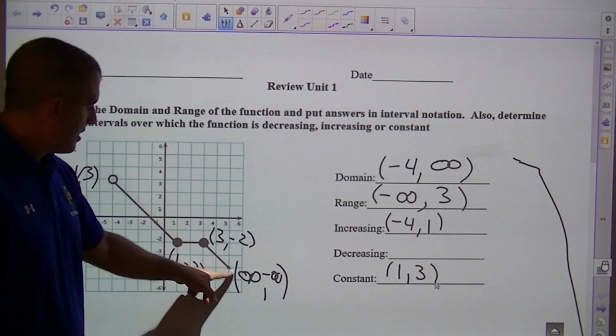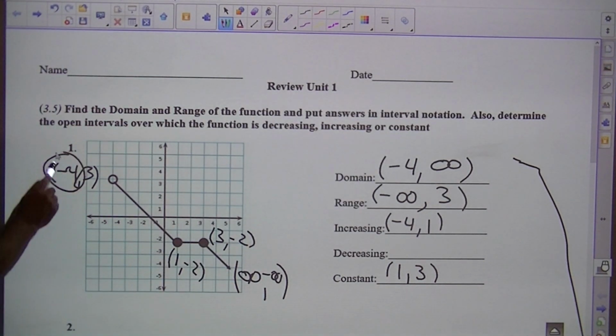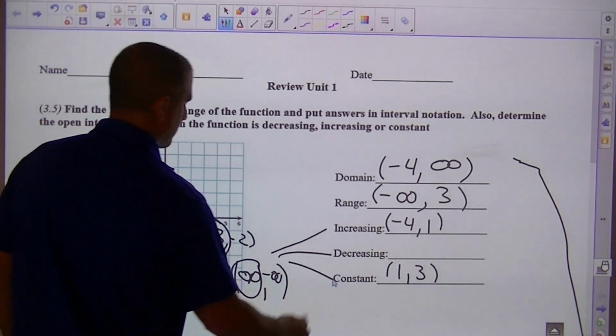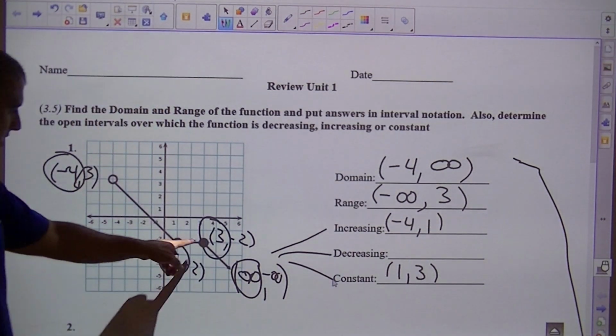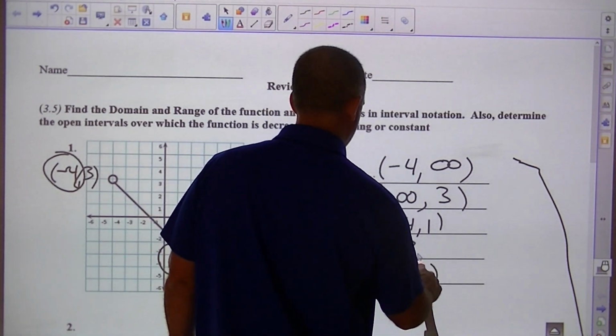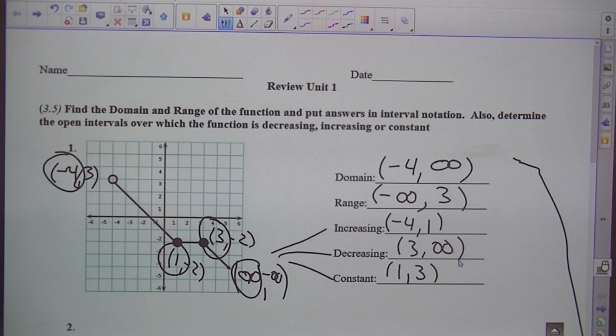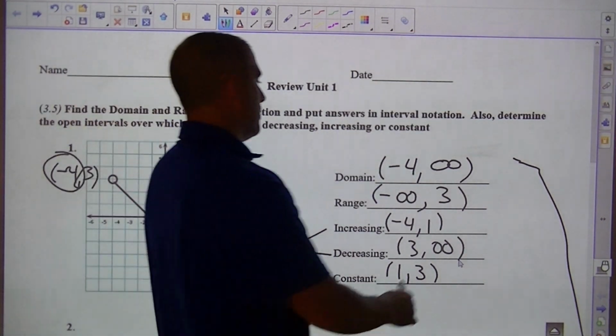And then 3 to infinity. So we only use the x values for these three, only the x, and it's decreasing from 3 to infinity. Now, also you can just use the open brackets for doing the notation for that.